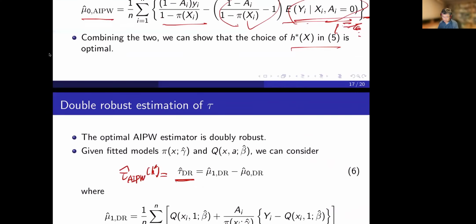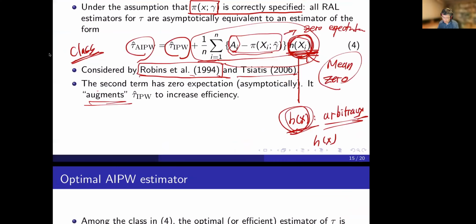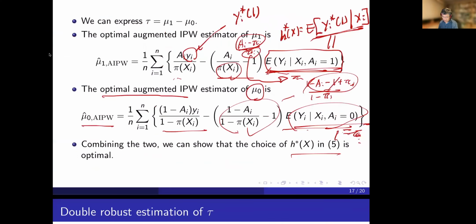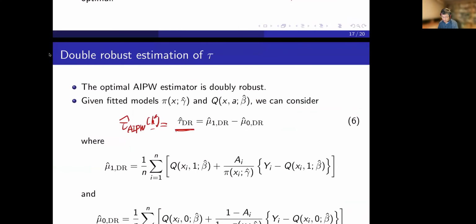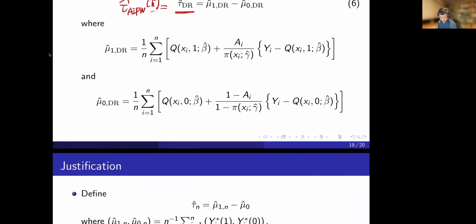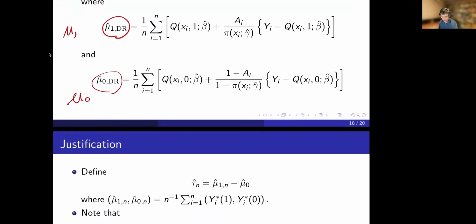You have this, so this one is an H in some sense, and you obtain H star. Then after some algebra, you get this form. So then basically this guy is a doubly robust estimator of mu1, and this guy is a doubly robust estimator for mu0. And why?